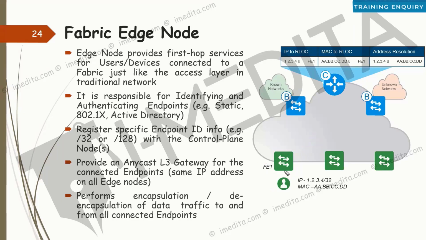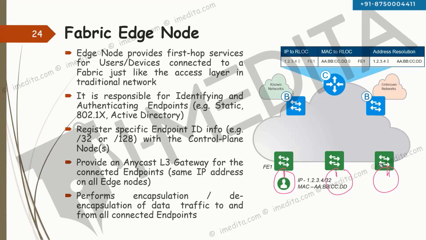The point is that in Cisco SDA, whatever subnet we have configured here, the same subnet is going to run here, and here. So here is my question: 1.2.3.4 is the IP address of a computer that exists in all these three locations.